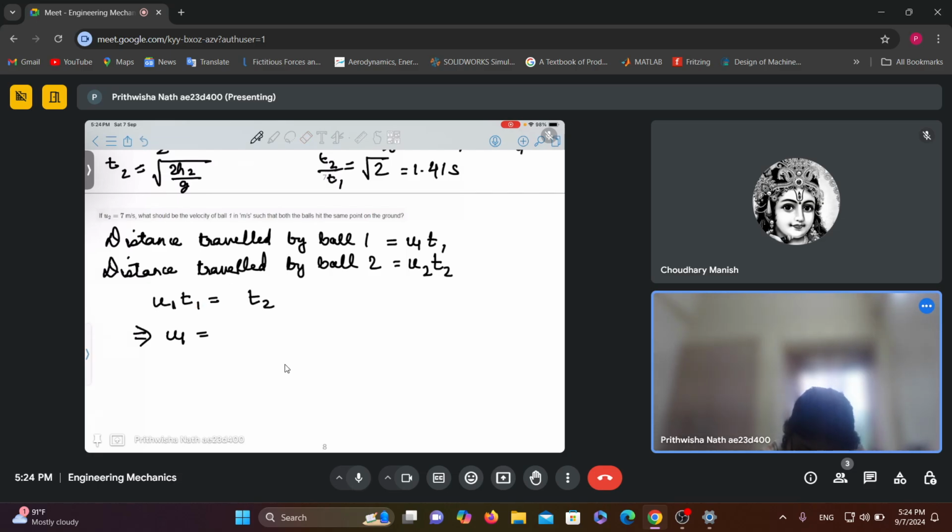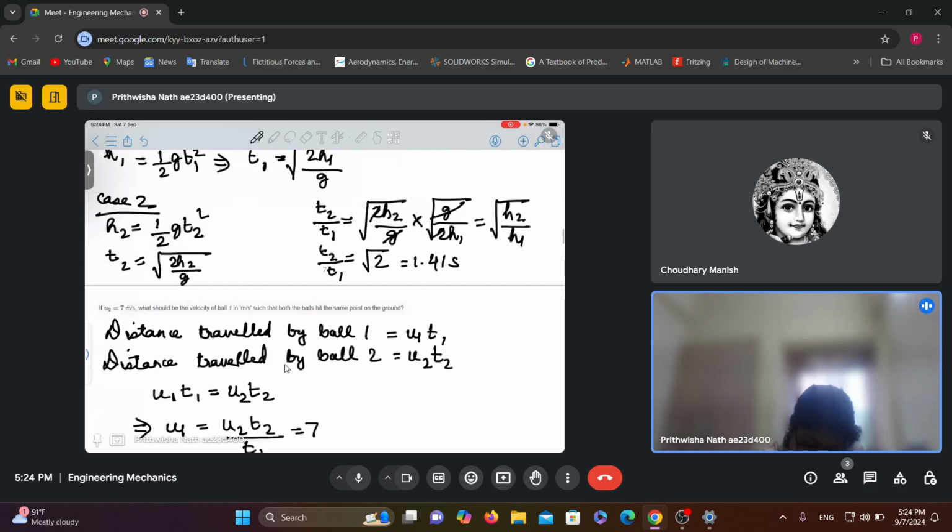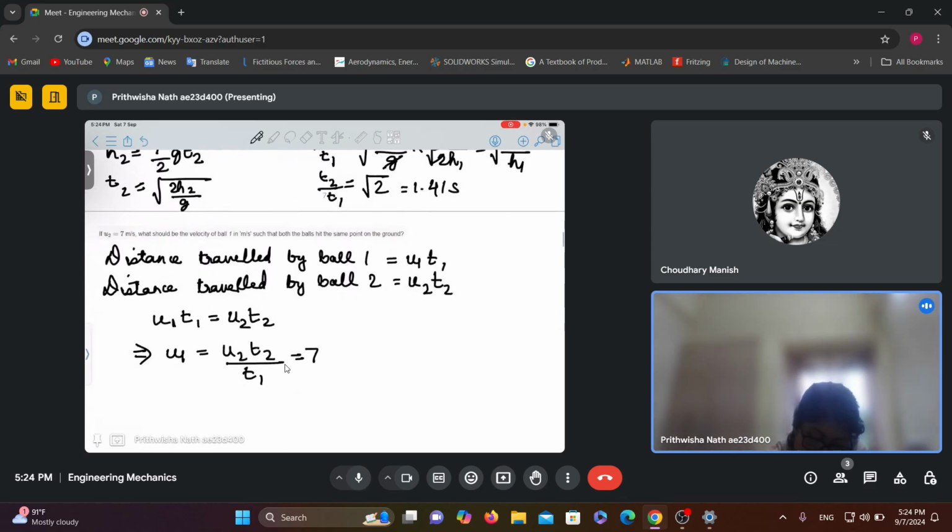This is u2. We already found the ratio of time as 1.41. So this becomes 9.87.